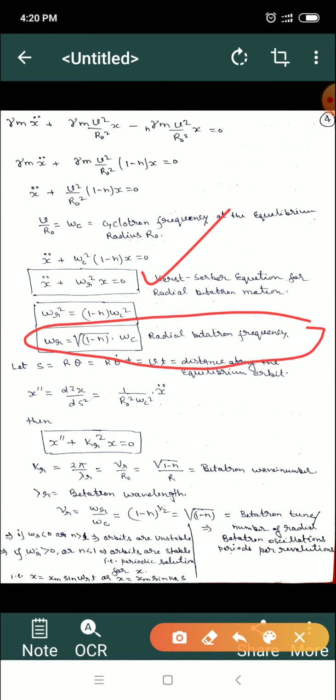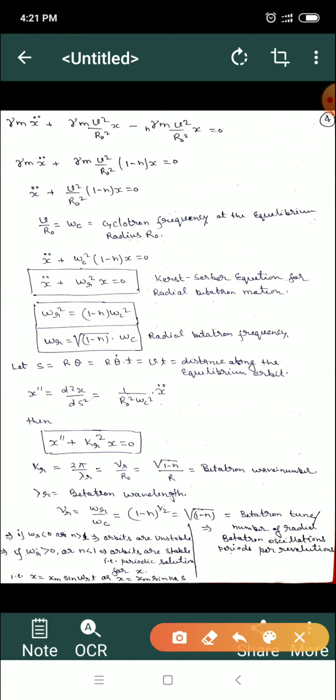When a charged particle is moving in a circular path, it deviates from the equilibrium orbit in the radial direction. So it oscillates in the radial direction, and that oscillation frequency, omega r, is equal to the square root of (1 minus n) times omega c. That is known as the radial Betatron frequency. This is again very important, and sometimes several important questions are asked on this equation.